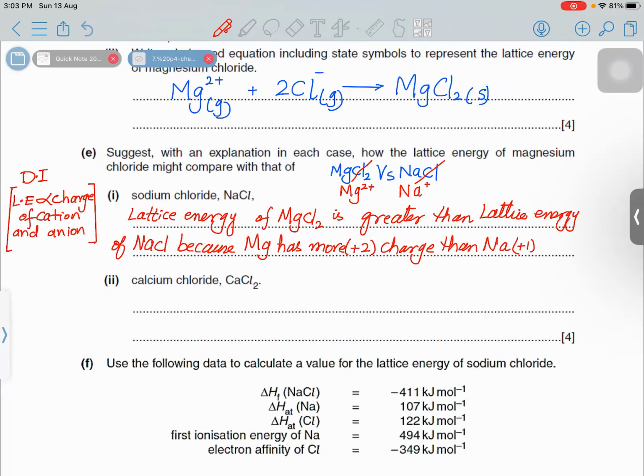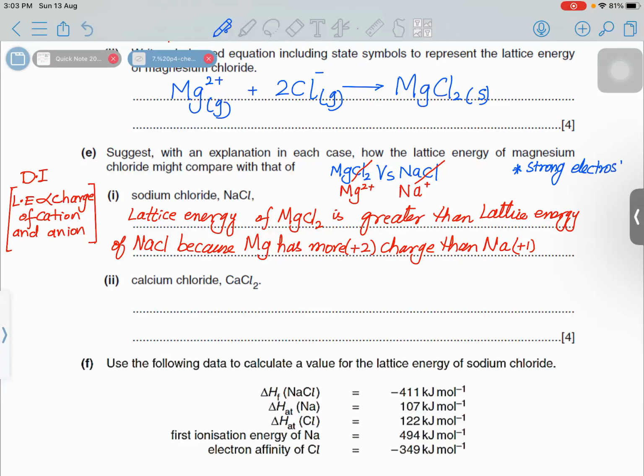So another point you can write, if this question is for 3 marks, right?